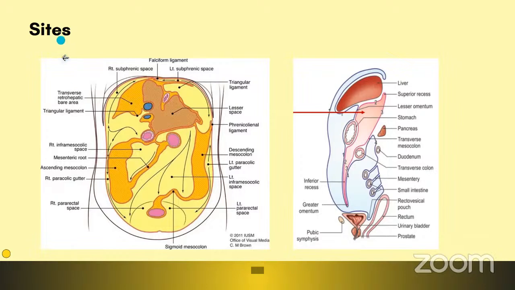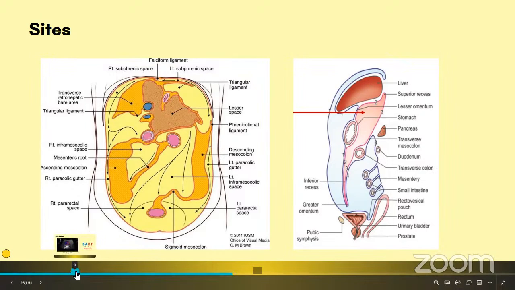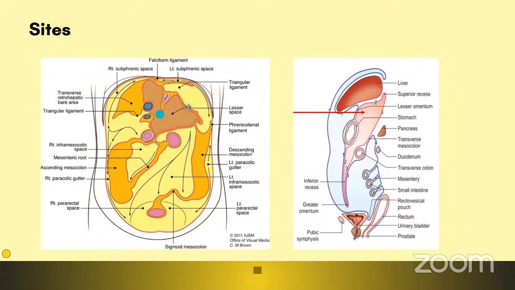So when it comes to sites, the indications which you saw many slides ago, right? So the indication for eFAST is to check for free fluids after trauma in a variety of spaces. So when it comes to the abdomen, we have multiple sites where these fluids can get collected. Since you can imagine, we have the peritoneum, right?